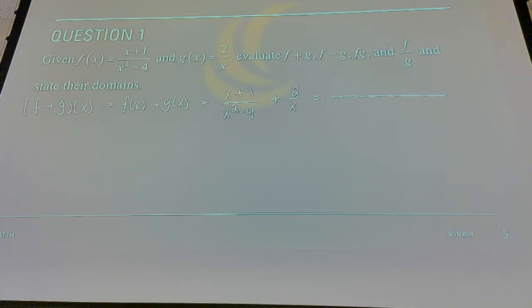What is the least common? X. Just x. It's not just x.